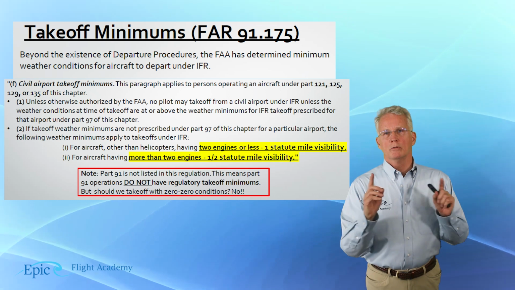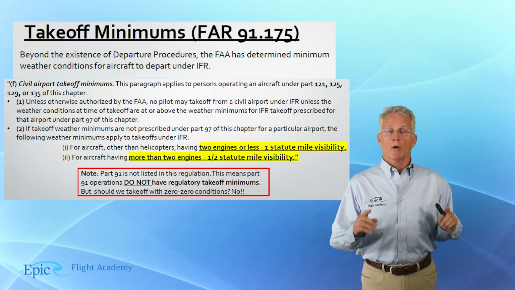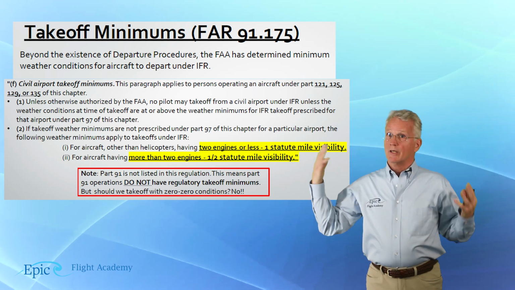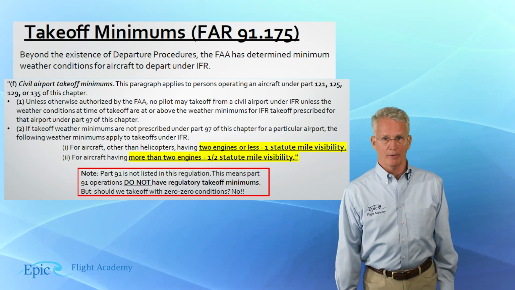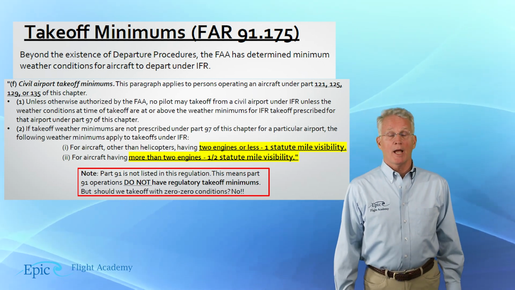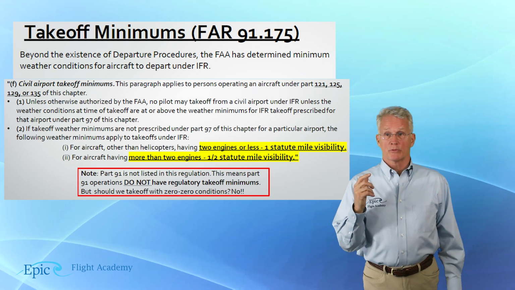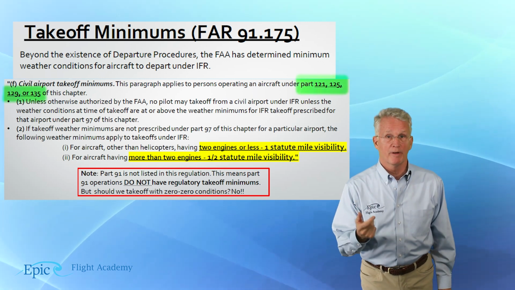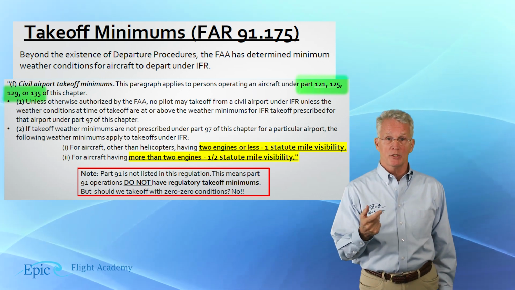Now, when you look at paragraph F, what I want you to notice is what's not there. What's not there are Part 91 operations. Notice the regulation refers to 121, 125, 129, and 135 operations.